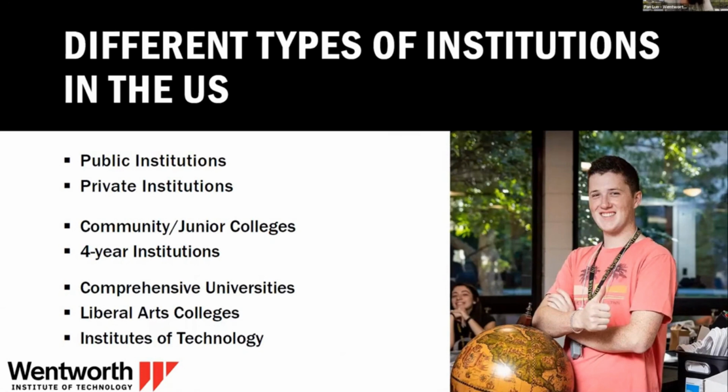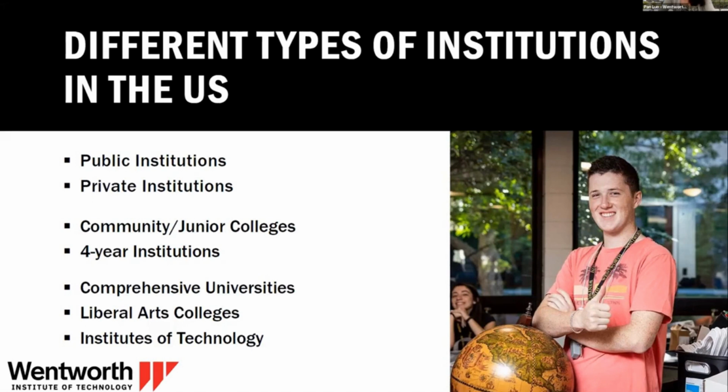The first group, I sorted by the types of funding institutions receive. Then we have private and public universities. The second group is based on the length of the education program or the type of education programs different institutions offer. Then we have 4-year institutions as well as 2-year community or junior colleges.